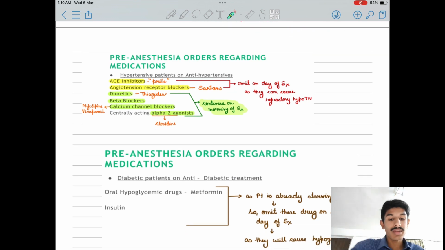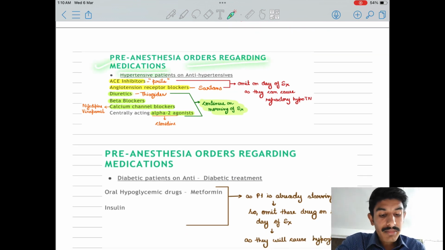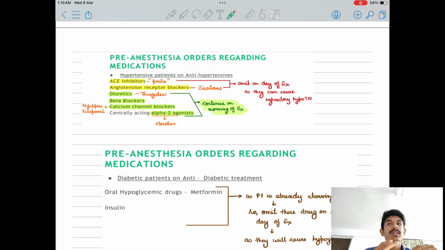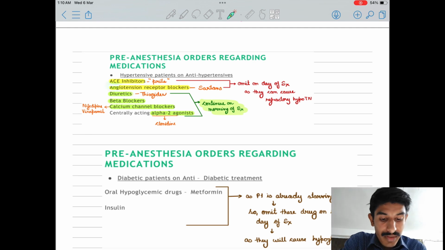Now the next part is the pre-anesthetic order regarding medication. So what medication must be stopped before the operation? Okay, so this is the list of drugs which must be stopped or can be continued before the operation. First are ACE inhibitors, ending with pril. Omit on the day of surgery.